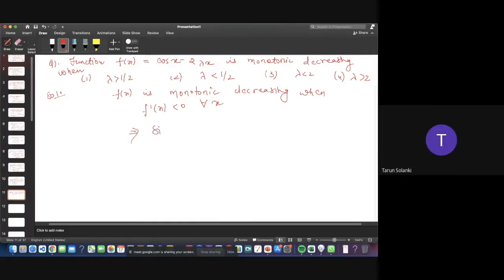So sine of x minus 2 lambda is less than 0. So we can say 2 lambda is greater than minus of sine x. So it becomes 2 lambda greater than 1. So lambda is greater than half. So it means the correct option is first, right?